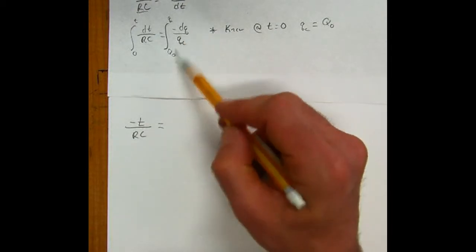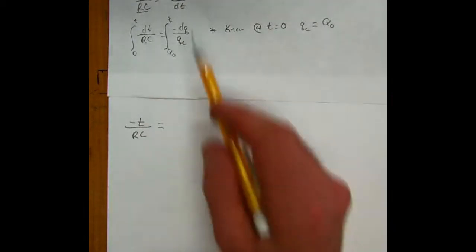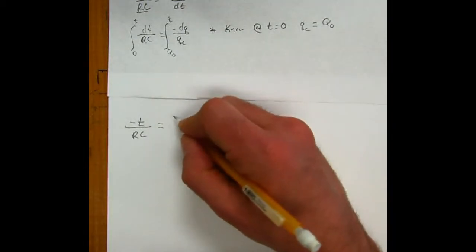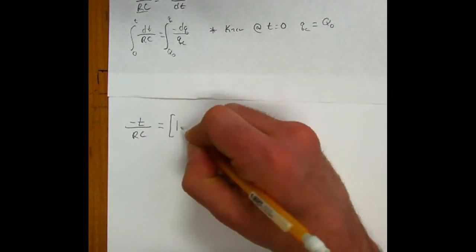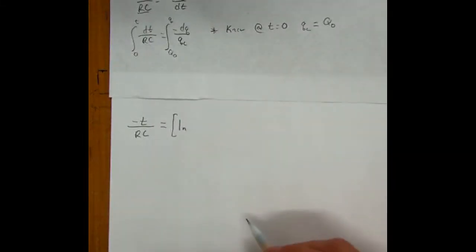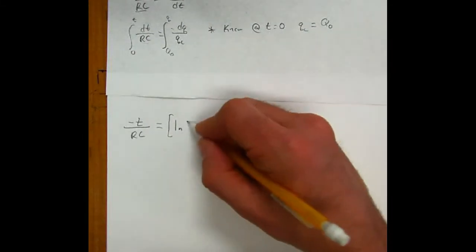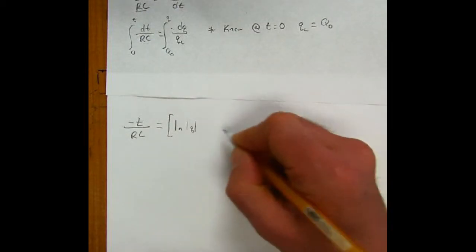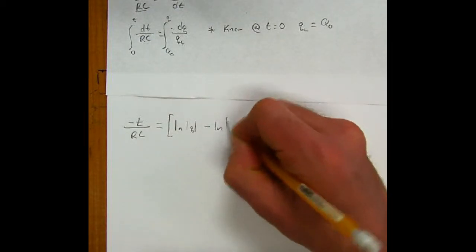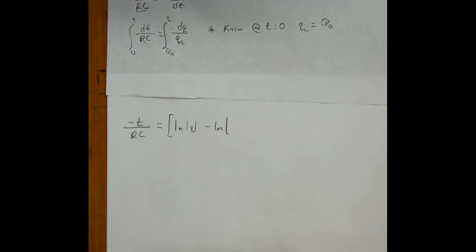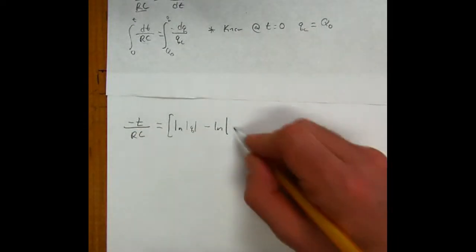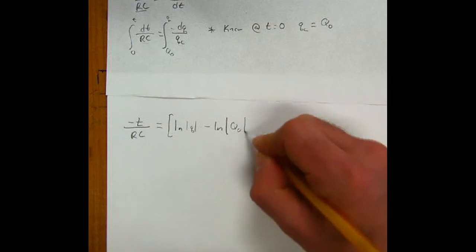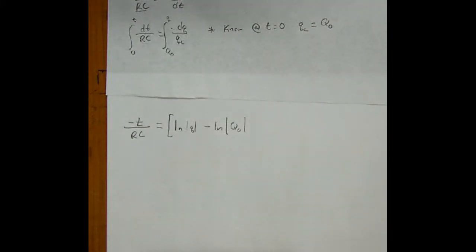to, now here we should recognize a natural log, right? I'm going to take the antiderivative of dq with respect to q. That's going to be the natural log of the absolute value, because I'm going from q naught to q, the absolute value of q minus the natural log of q naught, which I'm going to say is my initial q.